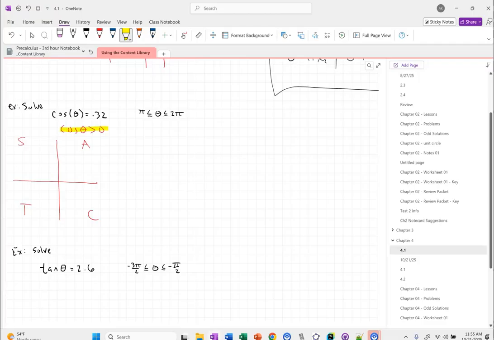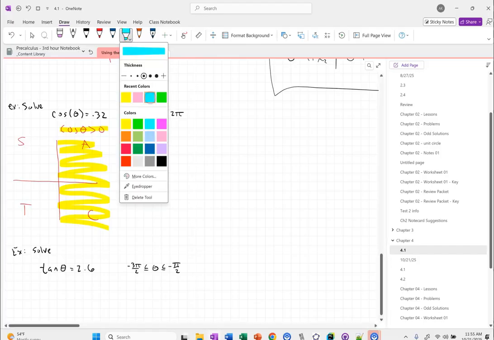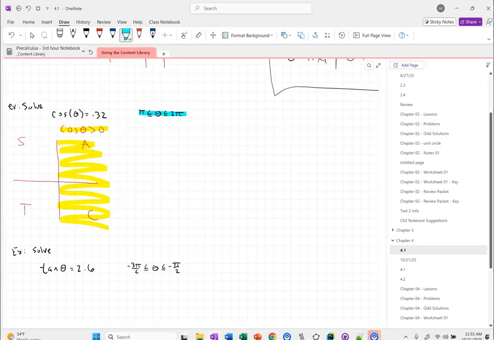It's either A and C. Where is pi to 2 pi? Quadrants 3 and 4.